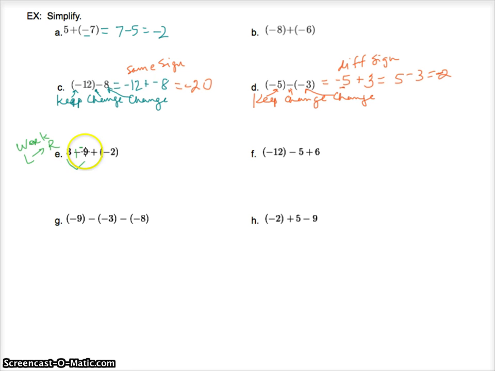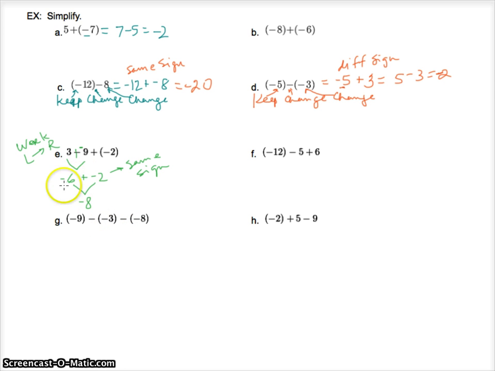So now I have different signs, so I can subtract these, which is 9 minus 3, which is 6. But since the 9 is larger, it's negative 6 plus negative 2. Now I've got the same sign, so I can add these together. Negative 6 plus negative 2 is 8, and my sign was negative, so it's negative 8.